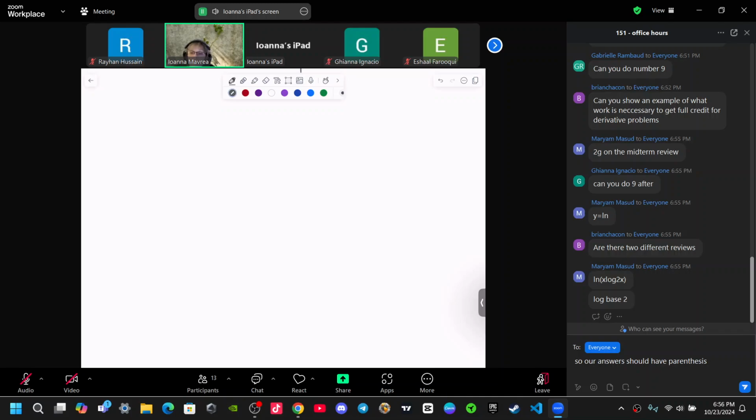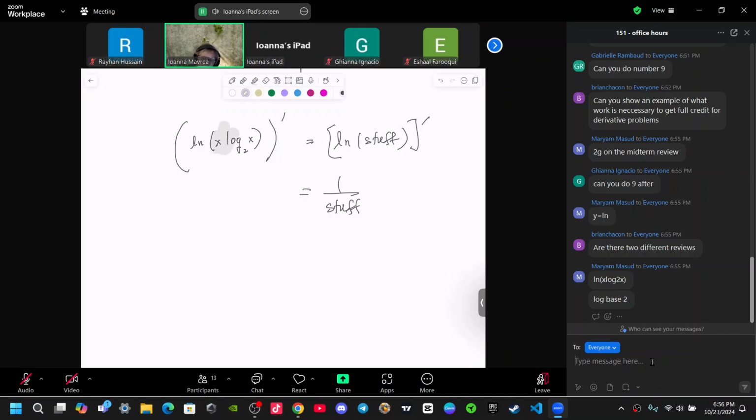Okay, so we already did that. There are two ways to do that. One is to think of this as natural log of some stuff, and you want the derivative, so that would be 1 over the stuff, times the derivative of the stuff.